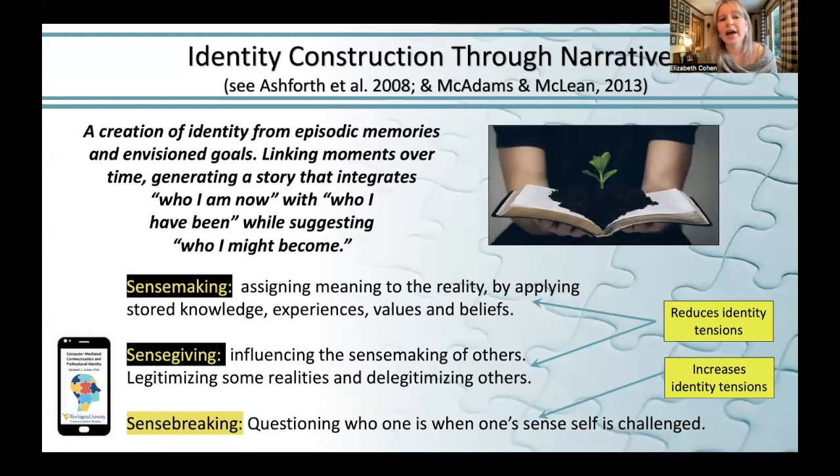Finally, the last part of this unit is we're going to be talking about identity construction through narrative, or narrative identities. As I mentioned before, the reading assigned for the last week in this unit was McAdams and McLean, 2013, but you might want to go back to the Ashforth et al. 2008 chapter that we kicked off the unit with, because they also talked about a lot of this stuff, and there's a lot of overlap.